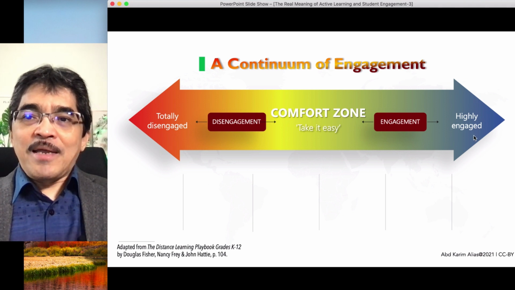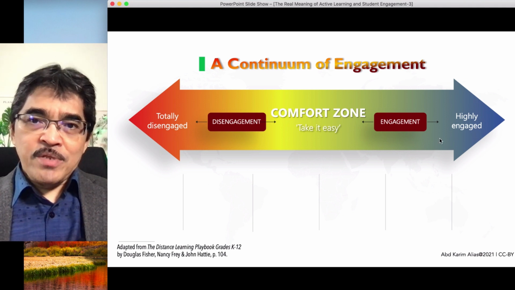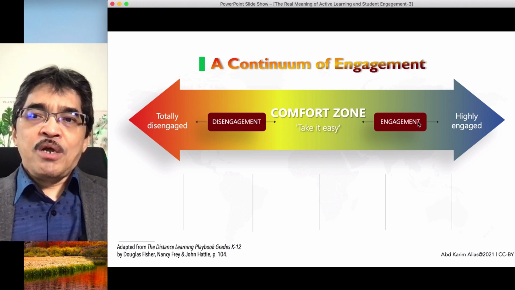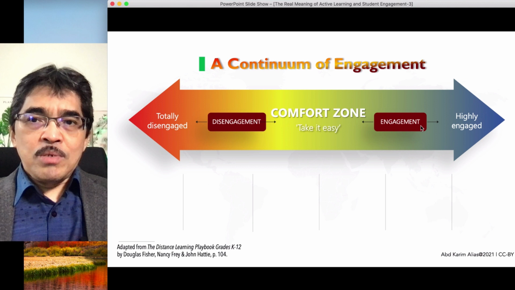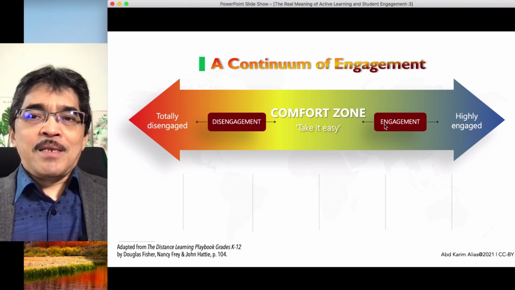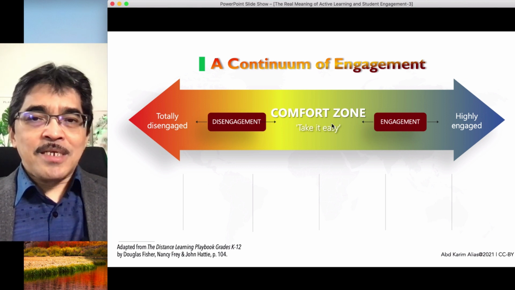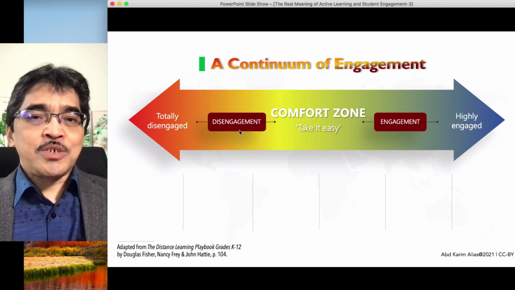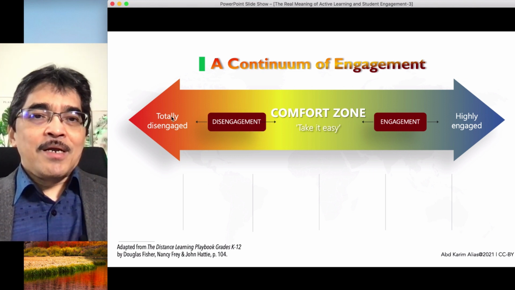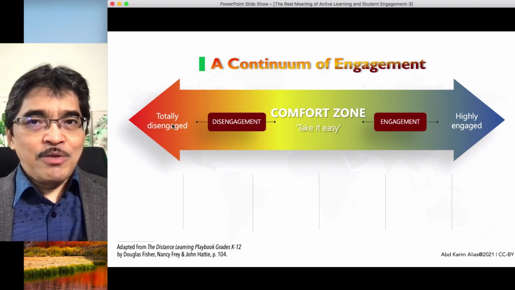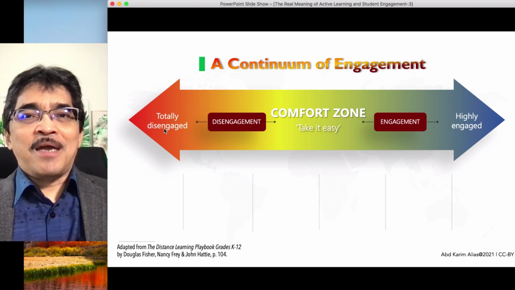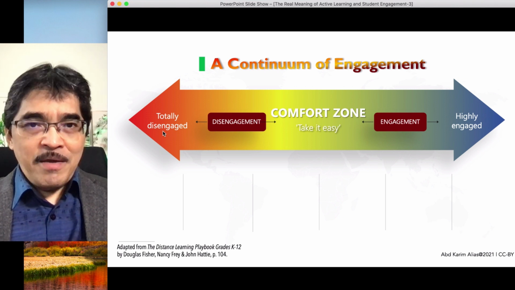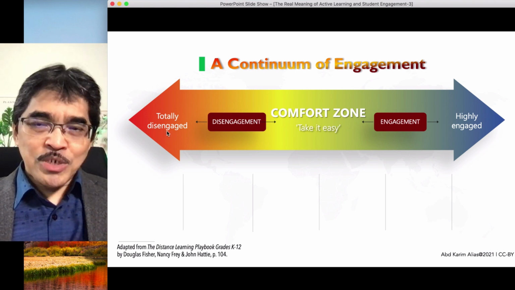On the other extreme, as we move along to the left hand side, the students will be partially engaged, and less and less engaged, and slowly they will start to disengage, and worse, become totally disengaged. We don't want to be there, because when students are totally disengaged, they will behave very differently, as we shall see.